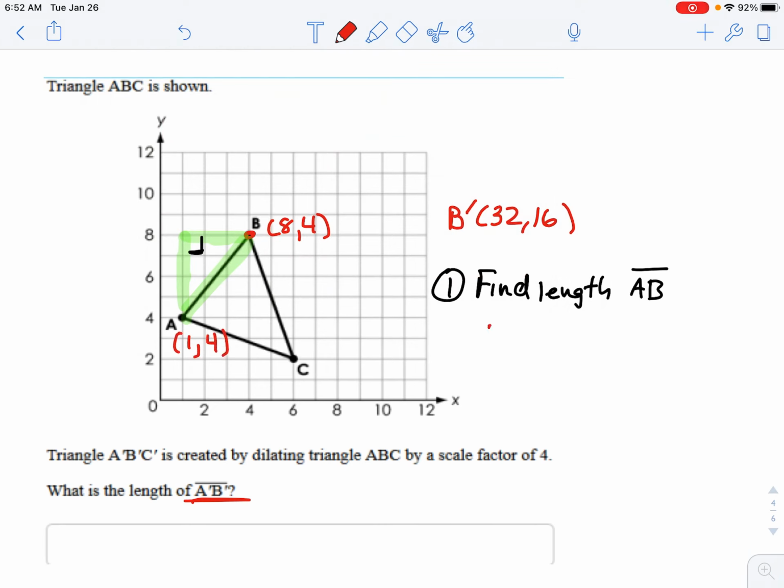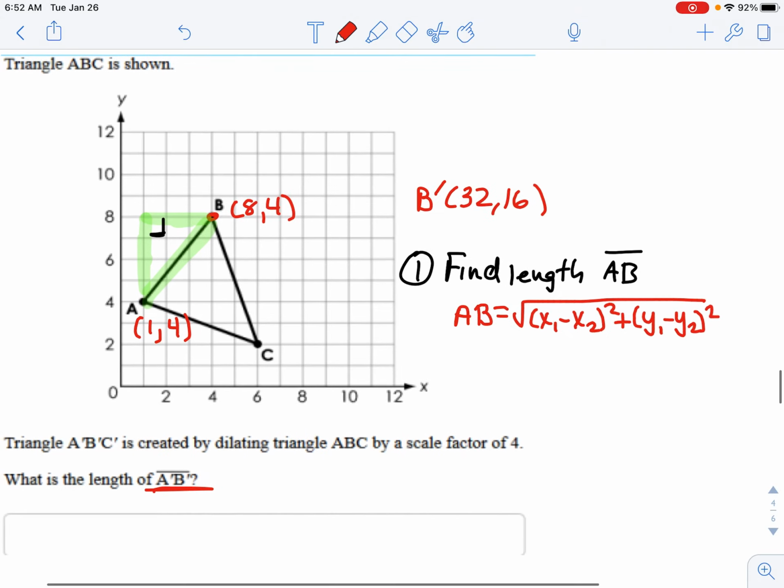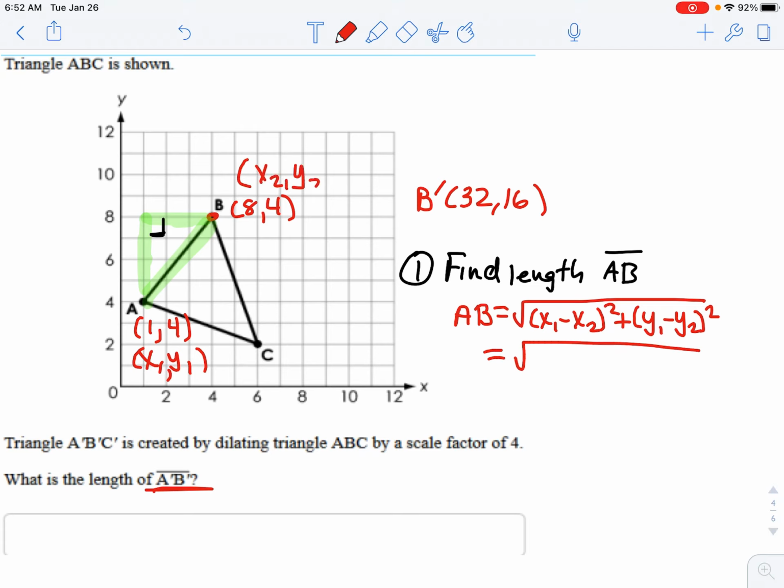So I'm just writing out the distance formula right here. Alright. And then I'm just going to plug in my x's. So I'm going to call A x1, y1, just trying to keep my work organized. B I'm going to call x2, y2. Again, order doesn't matter. I can call which one which.